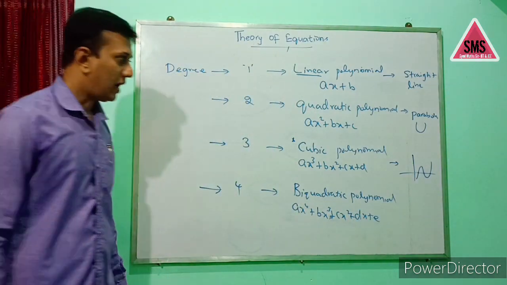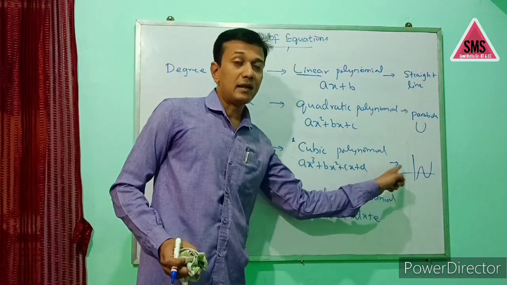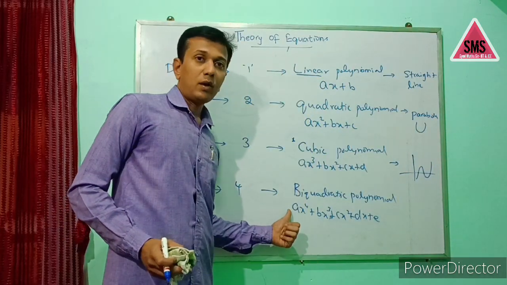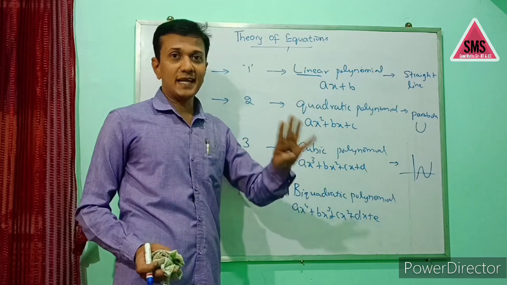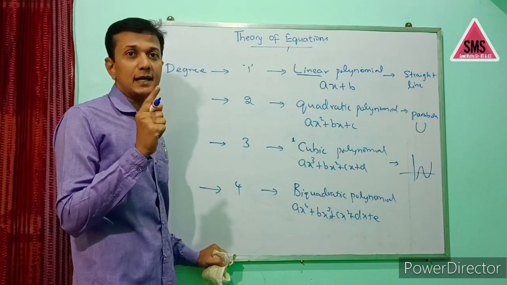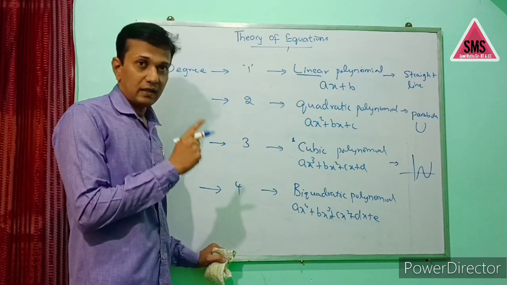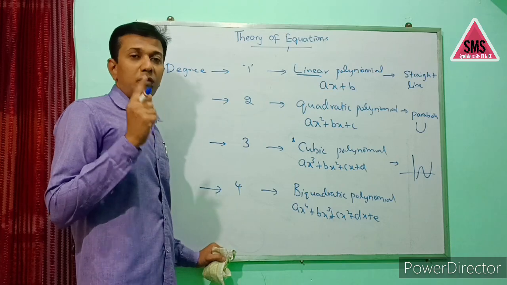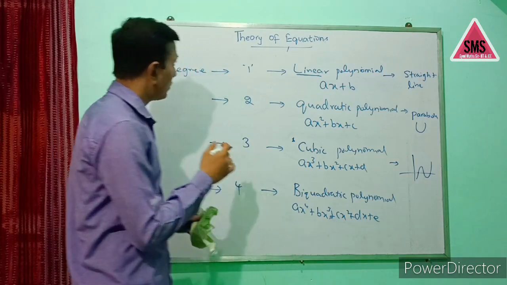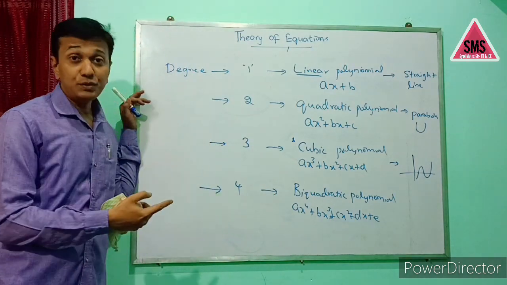This is the general form, and the same concept we followed for the cubic polynomial applies. Biquadratic polynomial graph touches the x-axis at 4 different points. Here also, for the x-axis to intersect with the curve, we must have real numbers. So that is the brief introduction about the types of polynomials.